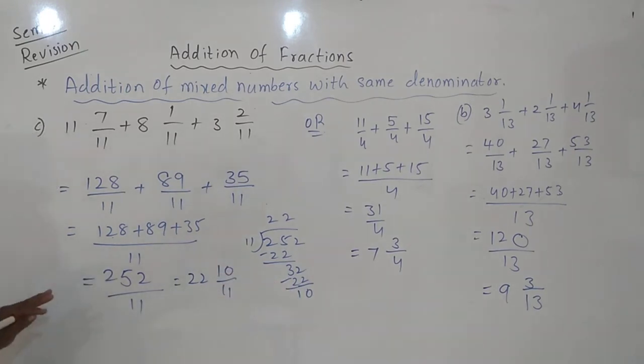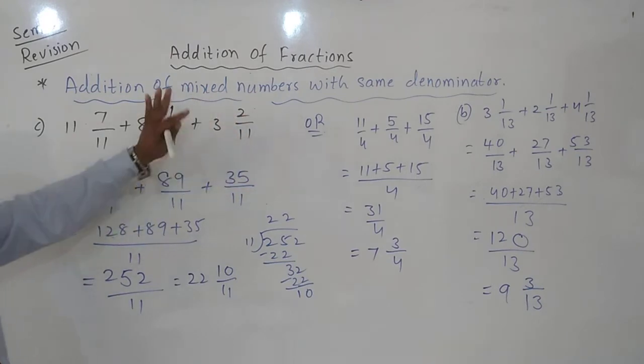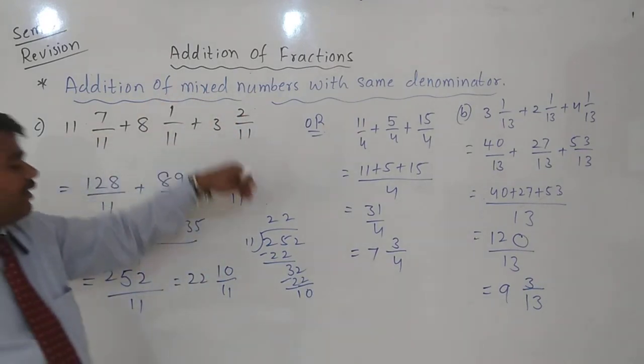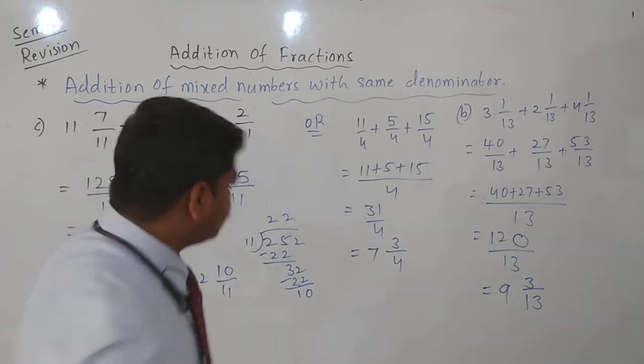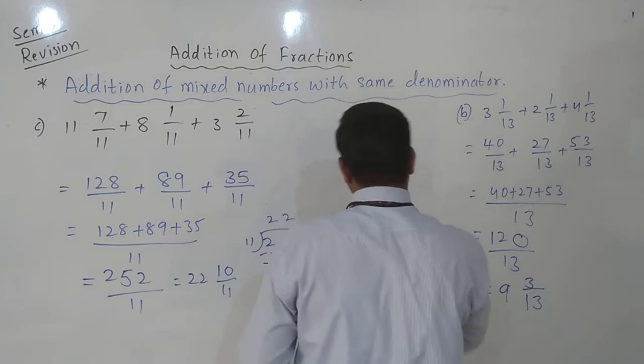As I told, 7 plus 1 is 8, 8 plus 2 is 10, 10 by 11 is the fraction. 11 plus 8 plus 3 is 22. 22 integer 10 by 11. This is the answer. Clear? One more. Very simple, this addition.